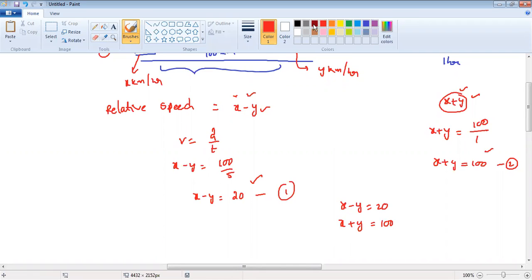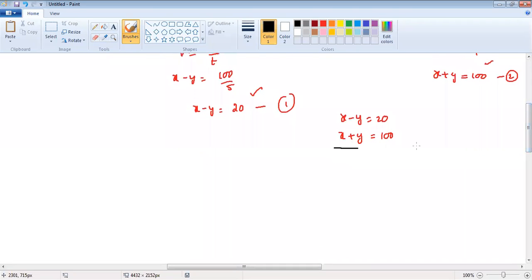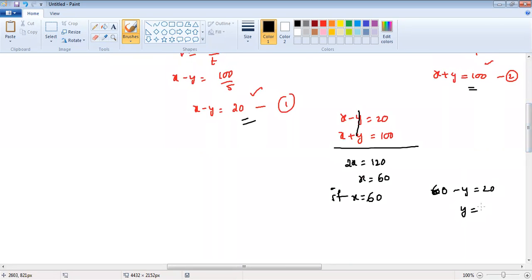Now we do the elimination method. When you do the elimination method, y gets cancelled. 2x is equal to 120, then x is equal to 60. If x is equal to 60, we have equation 1 and equation 2, so you can use either. Substituting, 60 minus y is equal to 20, then y is equal to 40.